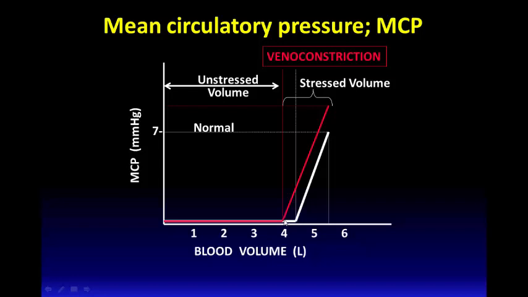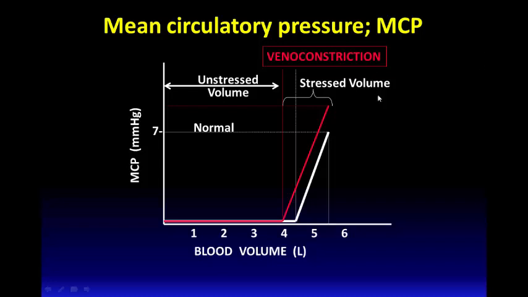The remaining 1.5 liters of the total blood volume would be stressed volume. So with venoconstriction, the unstressed volume decreases and the stressed volume increases. And we mentioned that the stressed volume is the volume which stretches the walls of the vasculature and hence results in an increase in pressure.